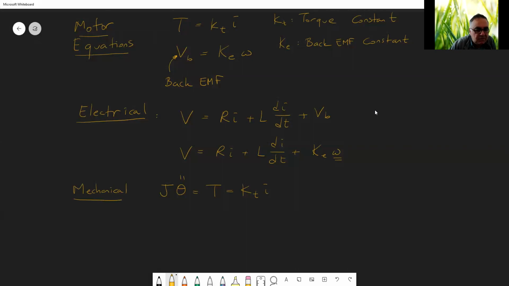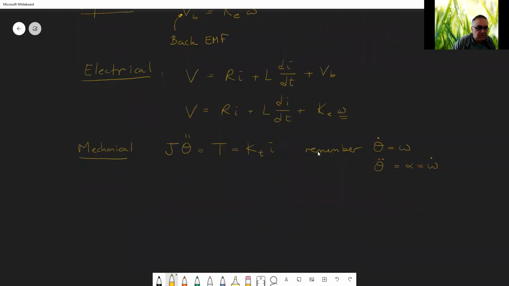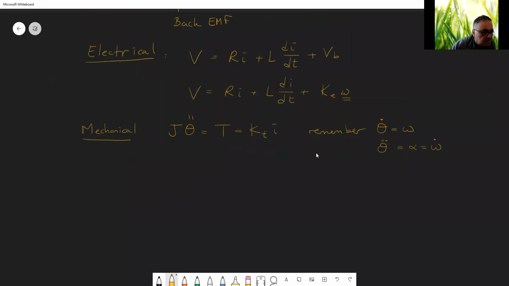Now, where does theta come from? Remember that theta dot is omega, and theta double dot is actually alpha, which is omega dot. So you can write this equation as J omega dot equals Kt times I. This is our mechanical equation: a mechanical term equal to the electrical term.